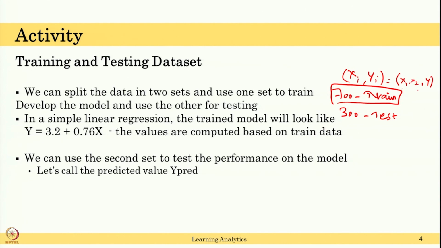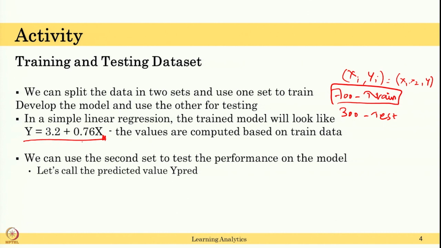In a simple linear regression, the trained model will look like this. I consider only the simple linear regression, which means I have only one x, no x2, x3. So, let us not keep x2, only x1. So, this looks like y equal to mx plus c, the slope equation we studied in class 8 or something.